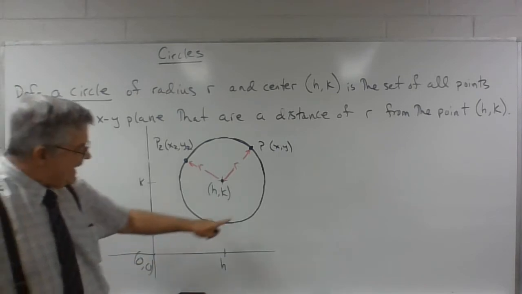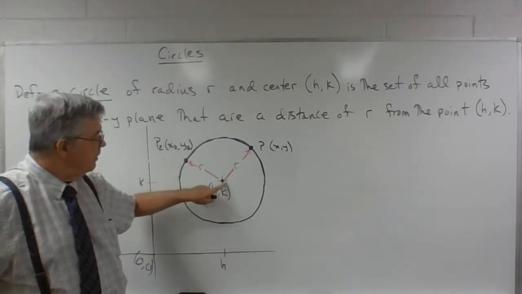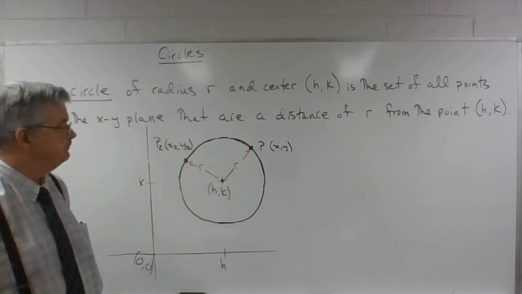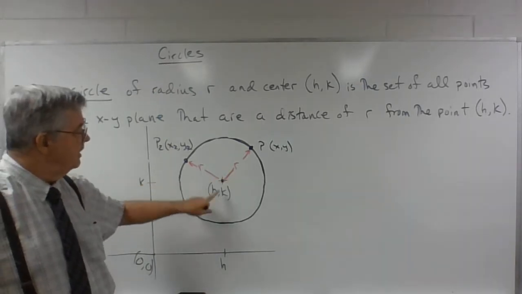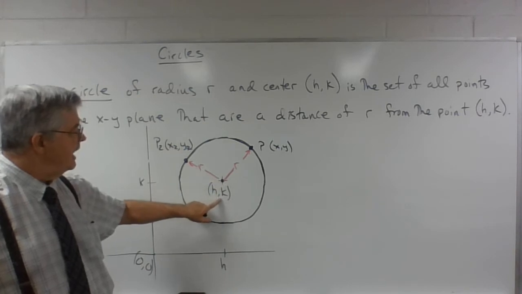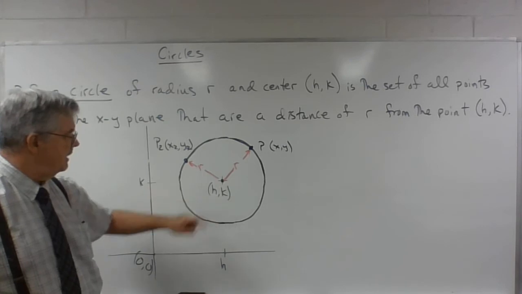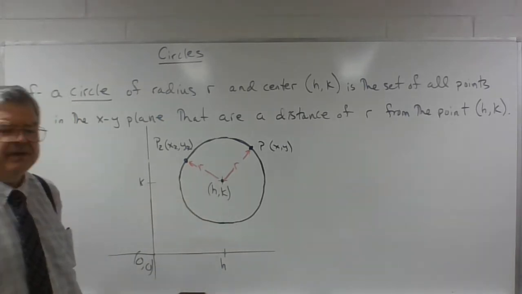If I pick any point on the circumference of the circle and go to the center, that distance is going to be r. So here we have a circle of radius r and center at the point x equal h, y equal k. That's what a circle is.